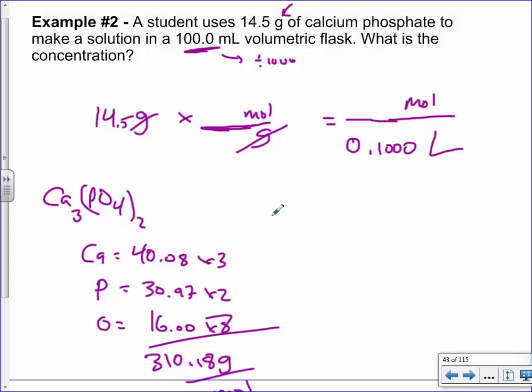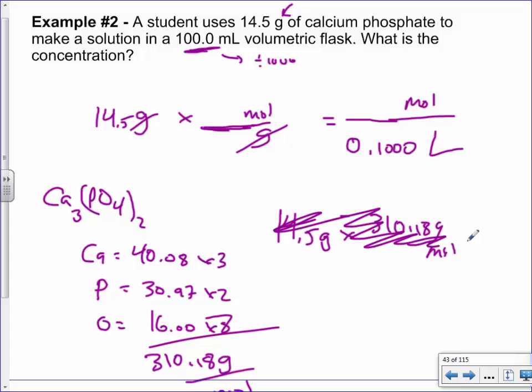Let me just show you 2 different ways of writing it. You could have written 14.5 grams multiplied by 310.18 grams per mole. But hopefully you can see how this gram right here and this gram right here don't cancel. Does that make sense? So multiplying is not useful. But if I divide by 310.18 grams per mole, the grams will cancel.